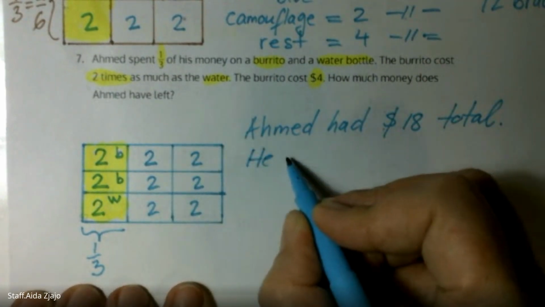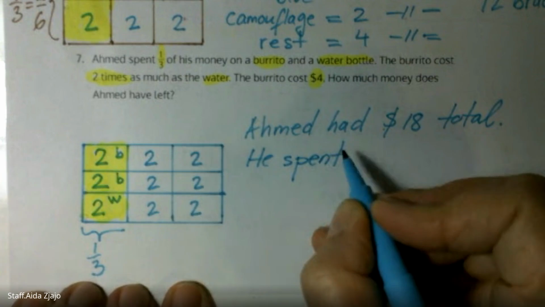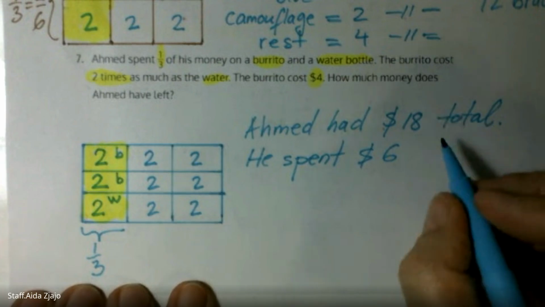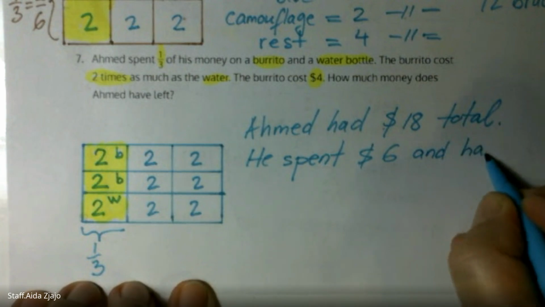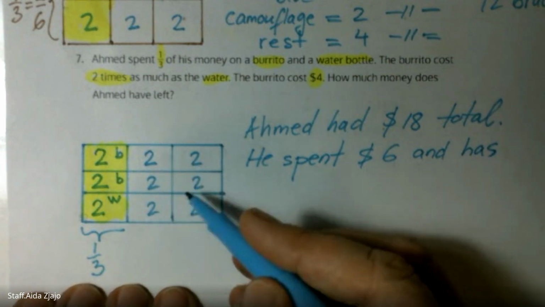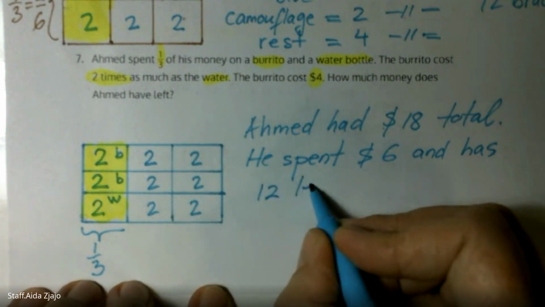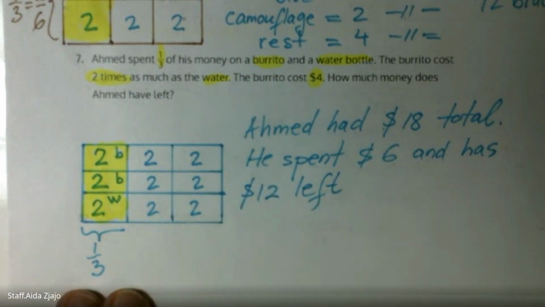He spent $6 and has 2, 4, 6, 8, 10, $12 left. And he has $12 left.